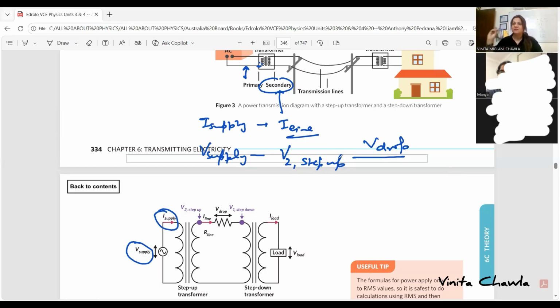Now the voltage that is there in the primary coil of the step down transformer, we can write that voltage as V1 step down.